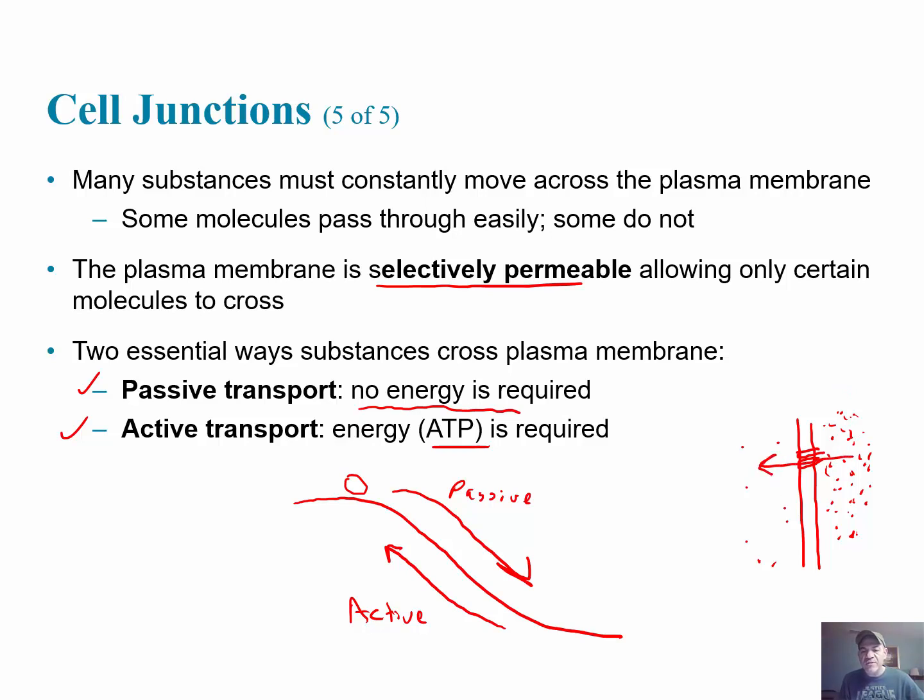That would be passive across the membrane. Now if the sodium ions were to be moved to the other side, to the right, then that would be going uphill, and that would require energy. So to move any of these this way that would be active in this case, because that's not the natural way. And moving in this drawing to the left would be passive because that's going downhill.